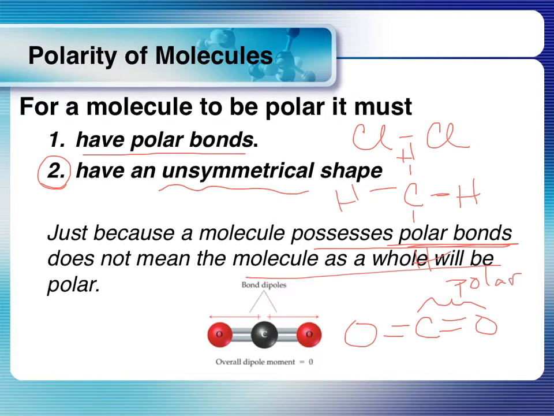You can draw the partial negative by the oxygen and partial positive by the carbon. But it so turns out, because there is perfect symmetry in this molecule, that the two partial negative poles completely cancel each other out, and so overall it is a nonpolar molecule.